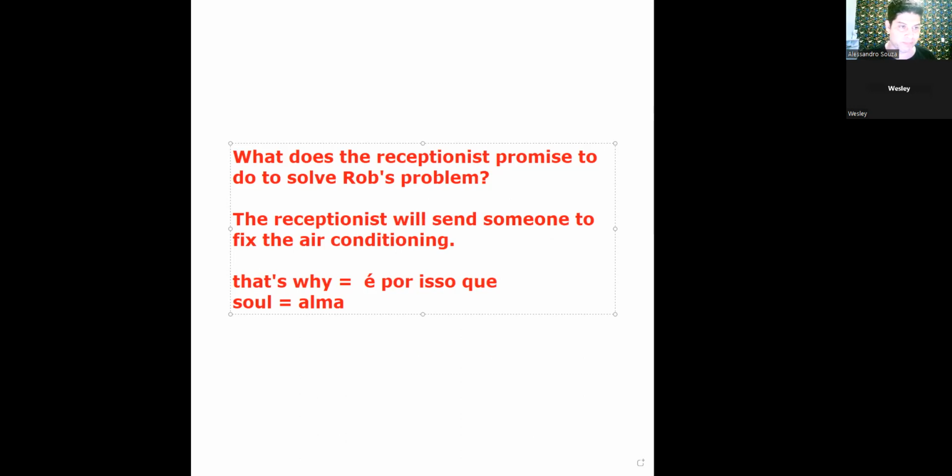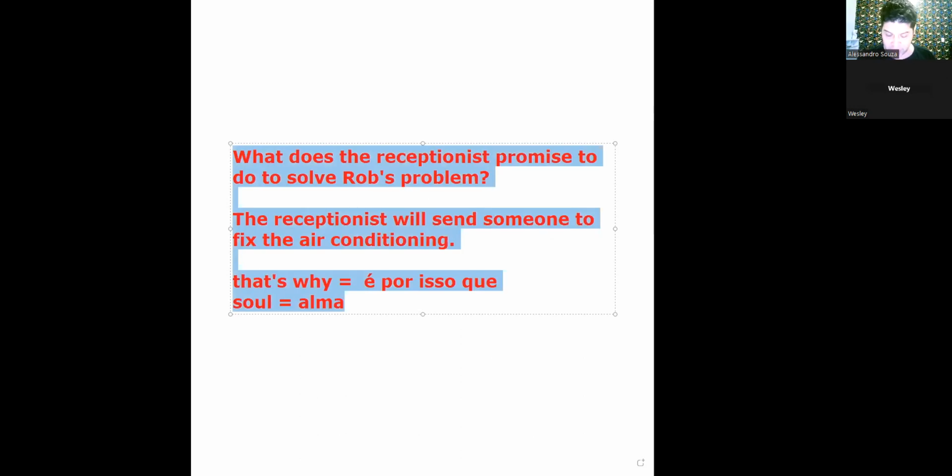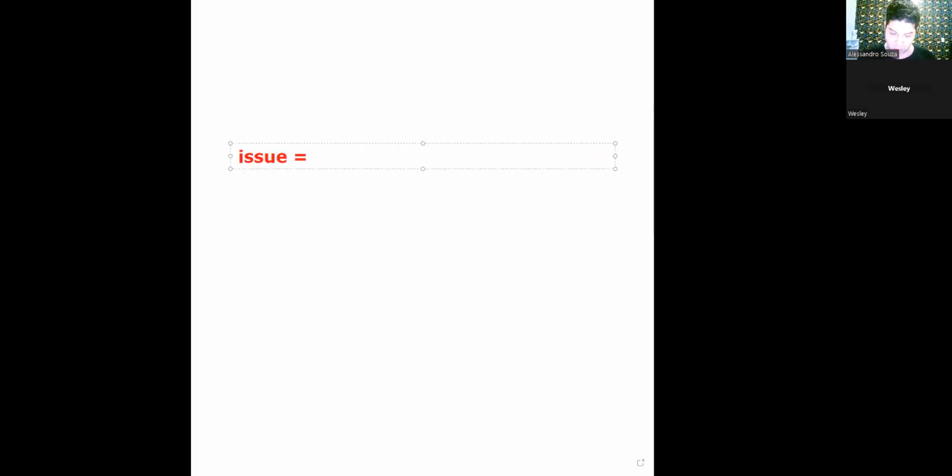This word right here, I'm gonna copy and paste to show you. Issue, this word means problem. It's the same, okay? My question for you is, what is Rob's reaction to the receptionist's response about the air conditioning issue?